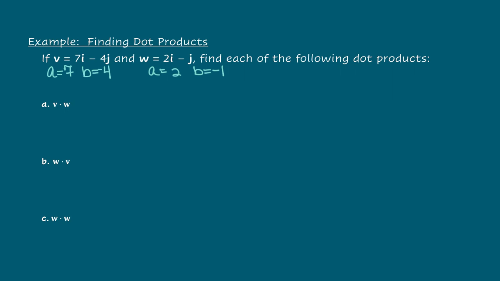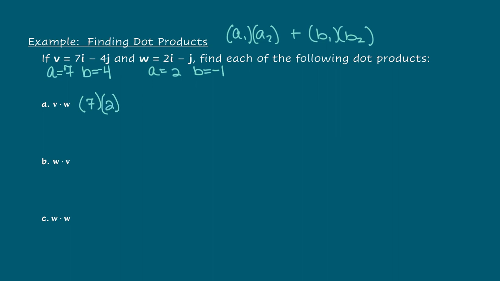The first question asks for the dot product of v and w. Remember, the formula for the dot product is a1 times a2 plus b1 times b2. My first a comes from my v vector, which is 7, and my second a comes from my w vector, which is 2.